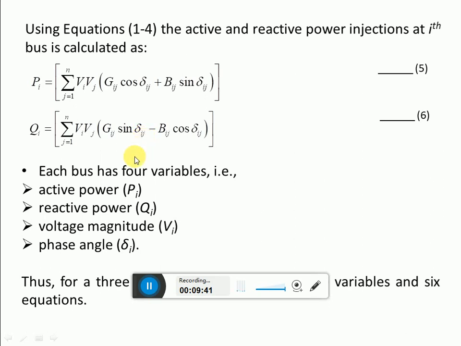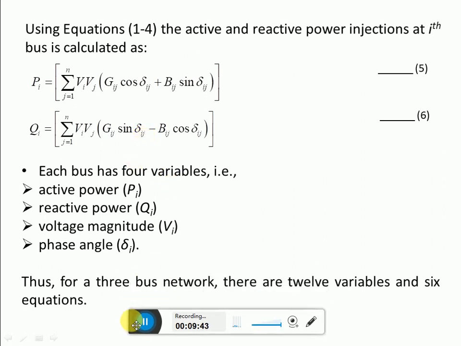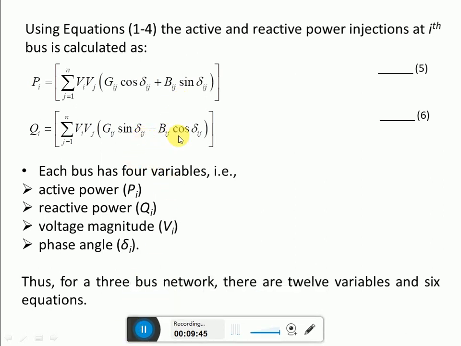Now if we want to solve these equations using nonlinear iterative techniques, we will face a problem. Suppose we have a 3-bus network: we will have 6 equations and 12 unknown variables.